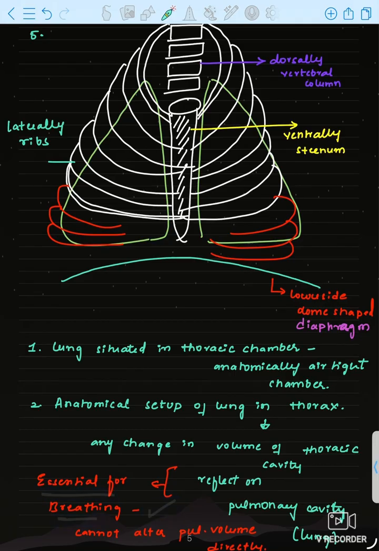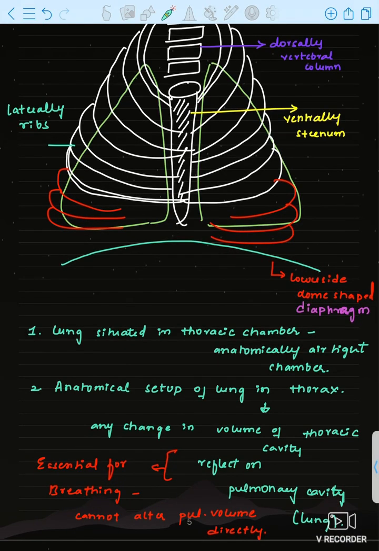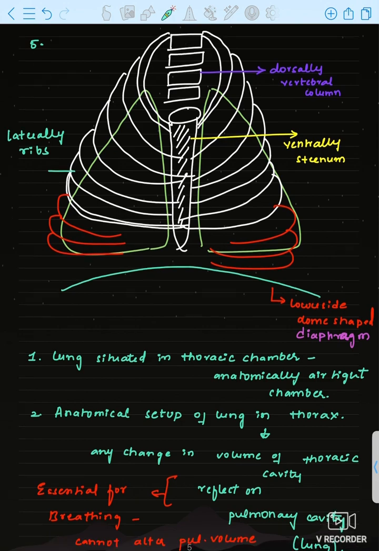For breathing this is essential because we can't change the volume of the lung. See, we can't alter the pulmonary volume. That is why the lungs are in close contact with the thoracic cavity. So any change in the thoracic cavity will reflect on the pulmonary volume. Okay, this is all about it.